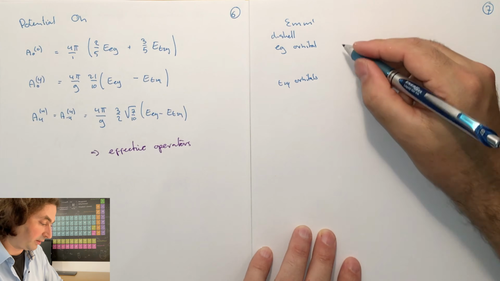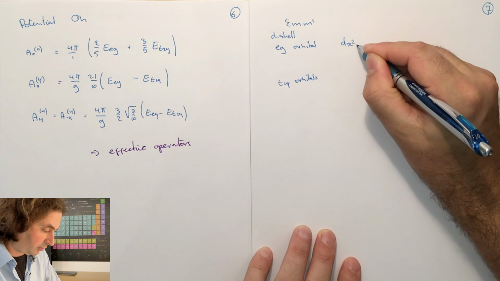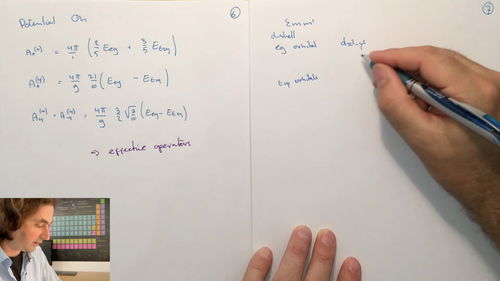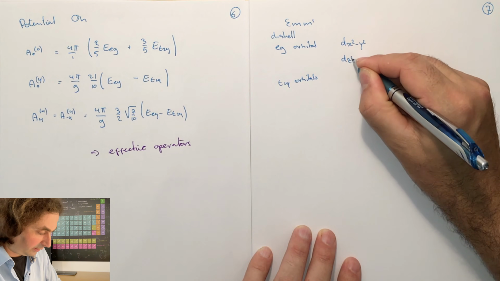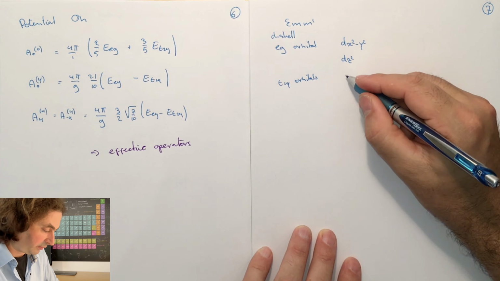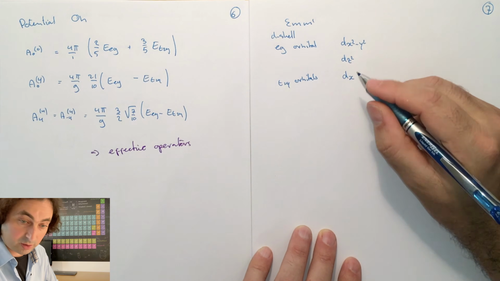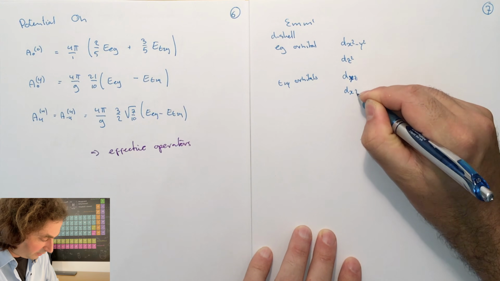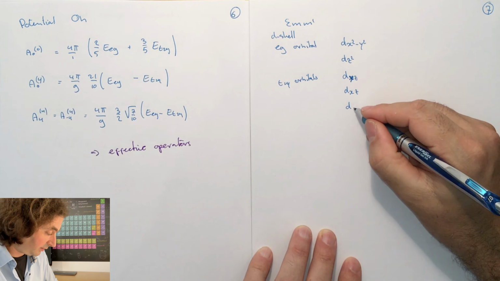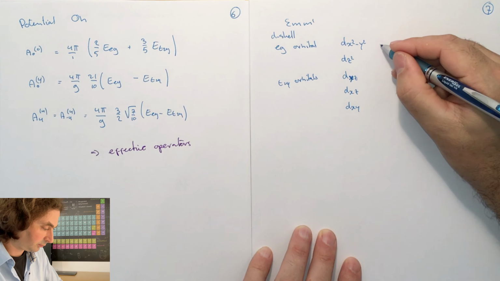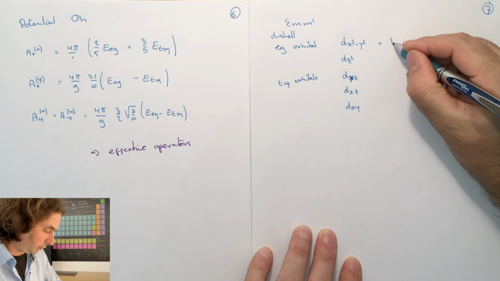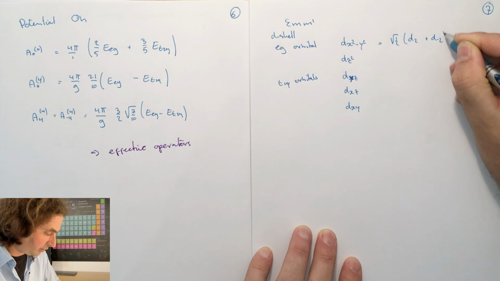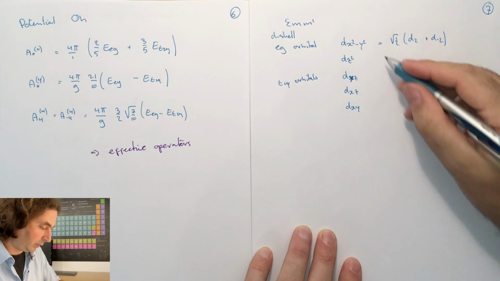We know explicit representations of those if we assume that our C4 direction of the cubic point group is in the x, y, and z direction. Then the EGs are the x square minus y square and the z square, whereas the T2Gs are xy, yz, and zx. We can relate them to the spherical harmonics. This is d2 plus d minus 2, where this is Lm notation.